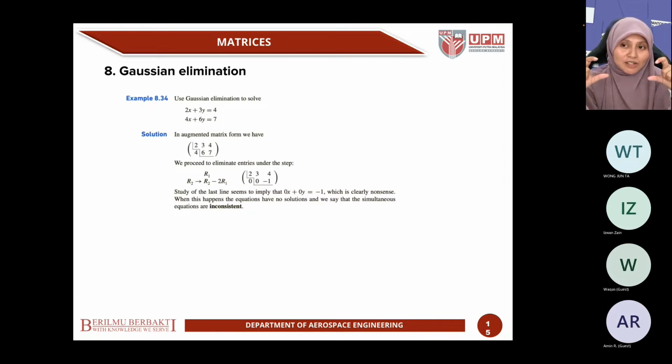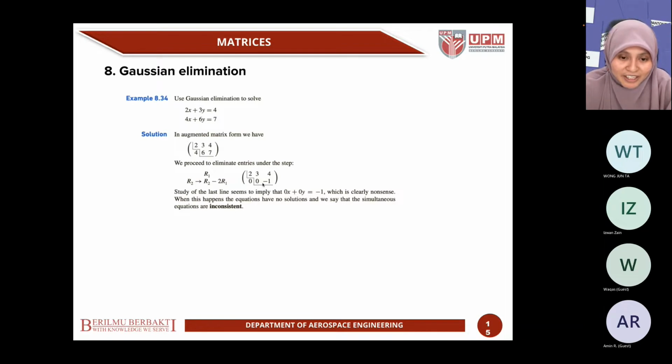If you change one component, you have to change the rest. For the second component, 6 minus 2 times 3, so 6 minus 6, you get 0.